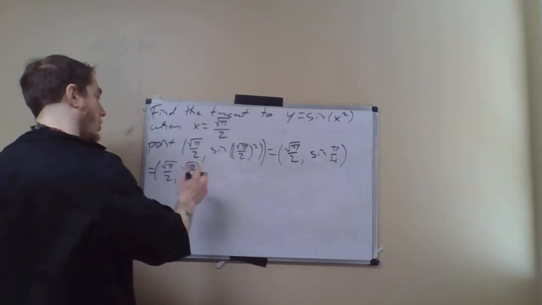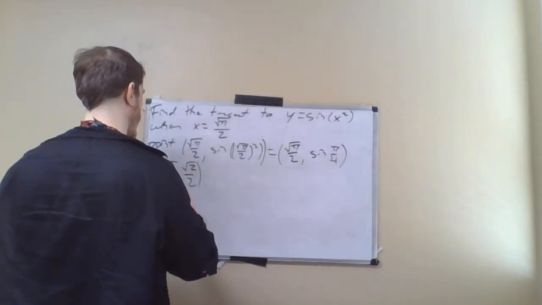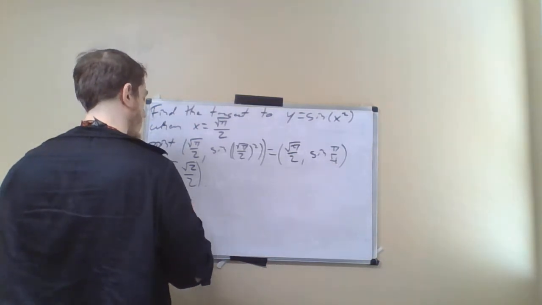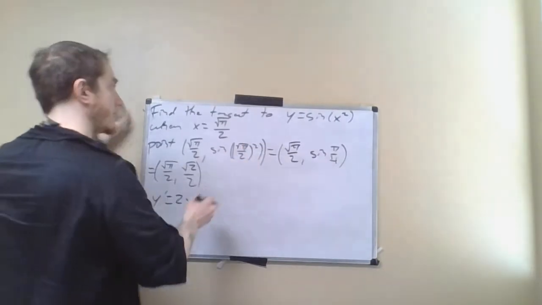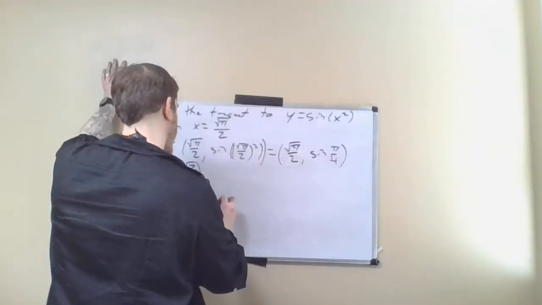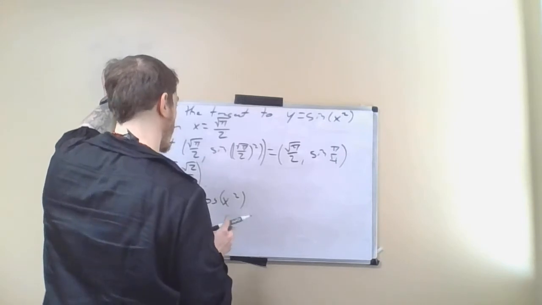Now what about the slope? Well, y prime is going to be equal to 2x, which is the derivative of x squared, times cosine x squared. And I get that by just using the chain rule.